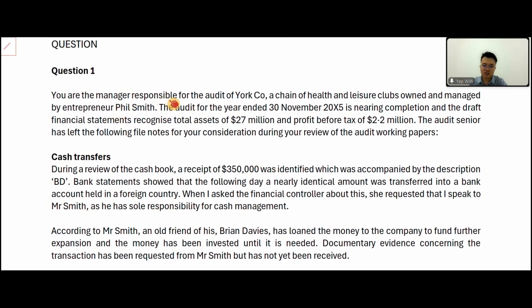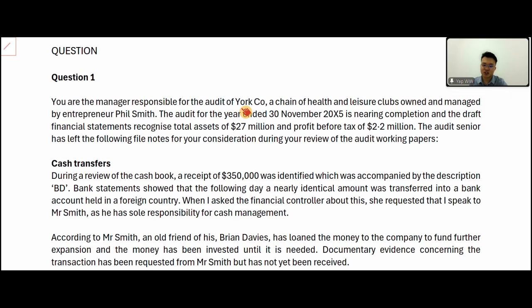You are the manager responsible for the audit. It's a chain of health and leisure clubs owned and managed by the entrepreneur Phil Smith. The audit is nearing completion, with total assets of 27 million and profit before tax of 2.2 million.